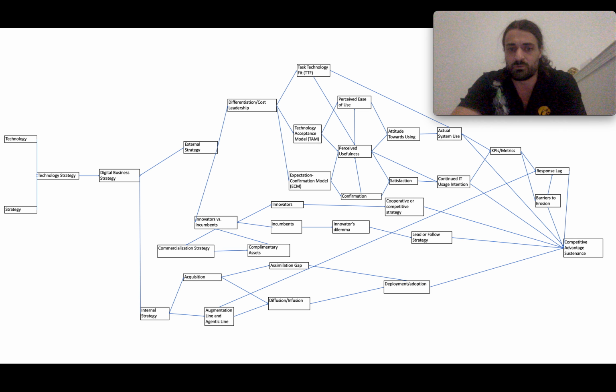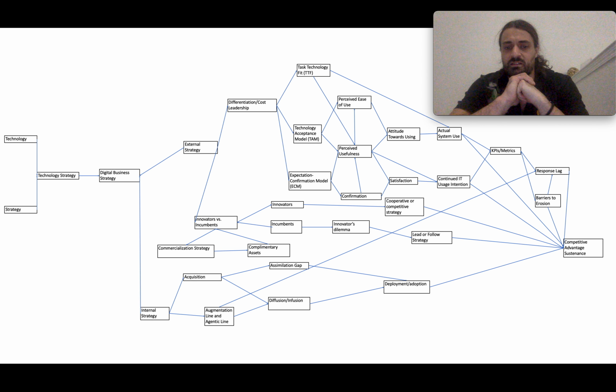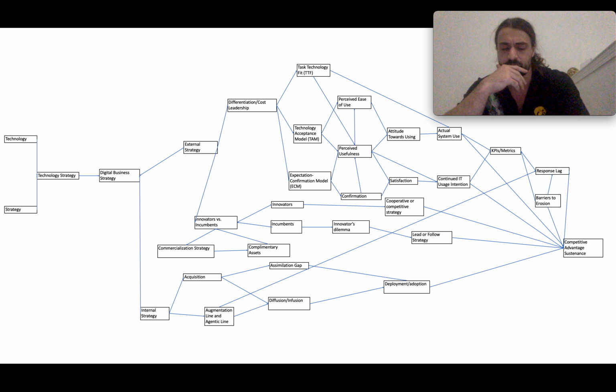Augmentation line would be humans completing tasks with the assistance of AI. And then agentic line would be more autonomous AI with human oversight. So taking those things into consideration would be a great way to infuse those AI tools within your organization, which is why augmentation line and agentic line AI attached to diffusion / infusion.